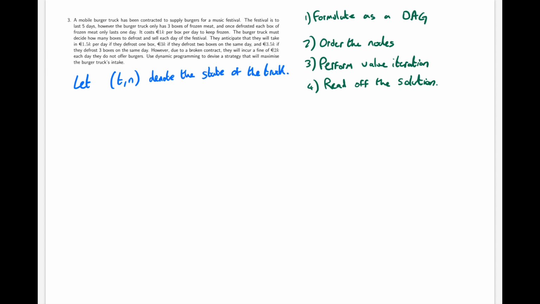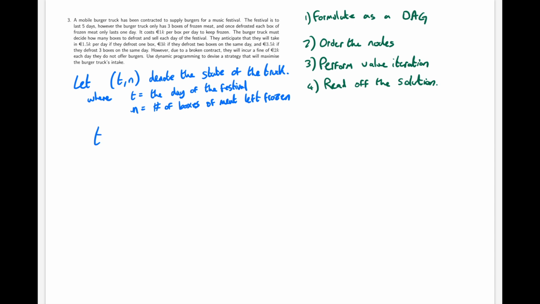So we're going to let the tuple TN denote the state of the truck, where T is going to be the day of the festival and N will be the number of boxes of meat left frozen. Now let's have a think, what possible states could the truck be in?